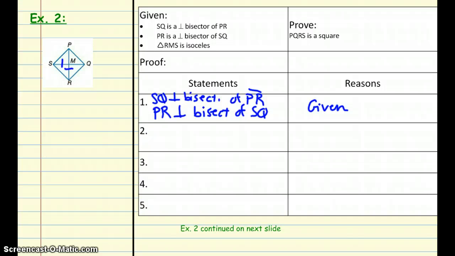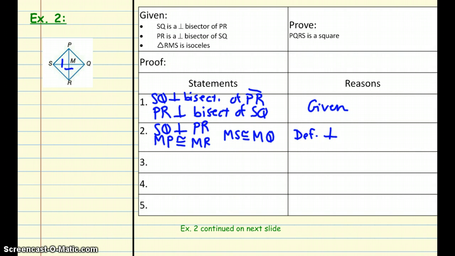In step 2, there's 3 things I'm going to put in here. SQ is perpendicular to PR. MP is congruent to MR. And MS is congruent to MQ. And our reason for this has to do with the definition of a perpendicular bisector.